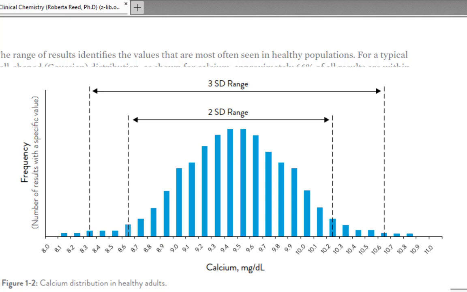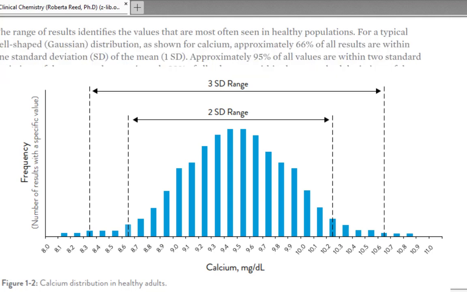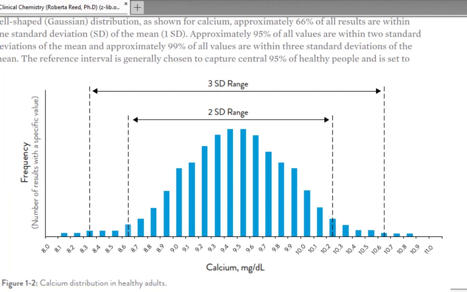For the example given for calcium, a 2 SD reference interval would be 8.6 to 10.2 mg per deciliter, whereas a 3 SD reference interval would be from 8.3 to 10.6 milligram per deciliter. In the first case, 5%, or 5 out of every 100 healthy people, would be expected to have a test result outside of the reference interval, either high or low.